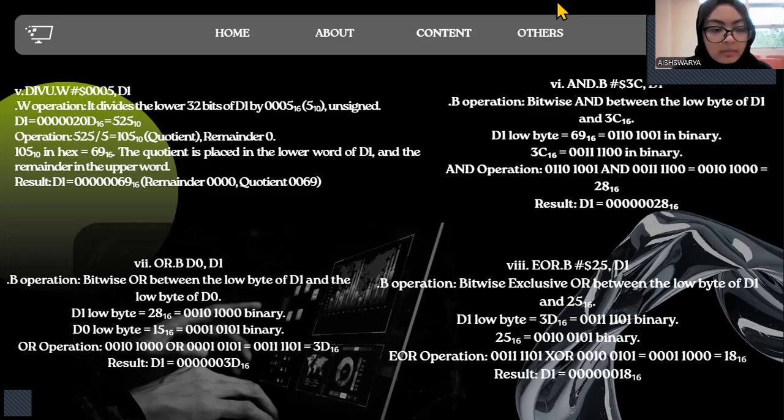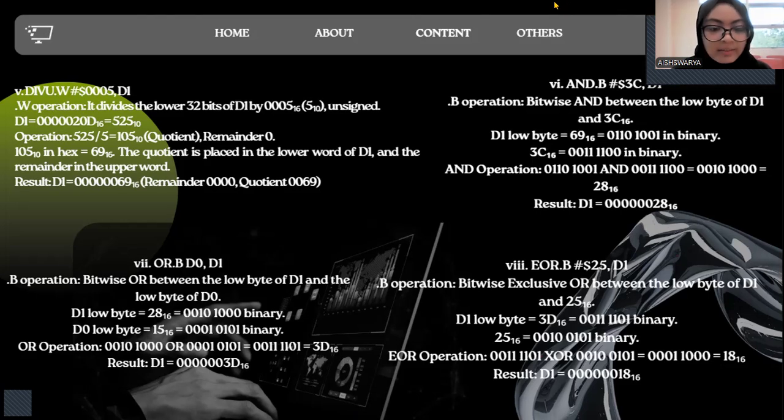OR operation, 00101000 OR 00010101 is 00111101, which is 3D. The result is D1 equals 0000003D.